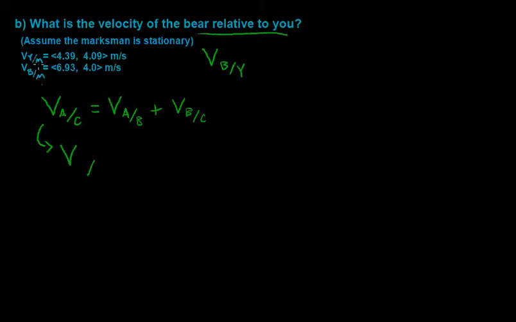We don't know which one goes here yet, either you relative to the marksman or the bear relative to the marksman, but we can still start this equation. And the only other vector that can go here is the bear relative to you, because it does not have the marksman in the denominator. And this will be plus the other vector, which one fits, relative to the marksman.